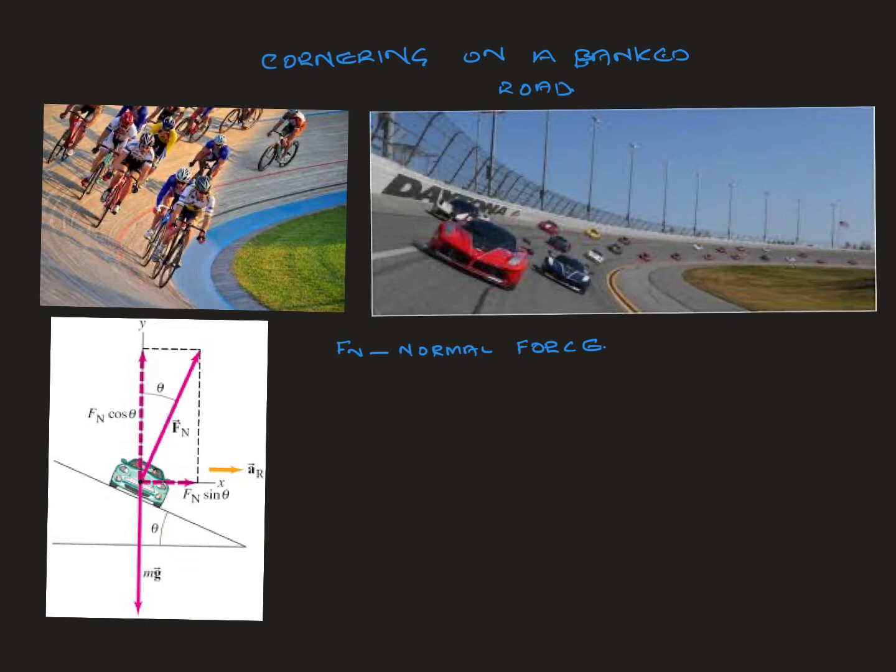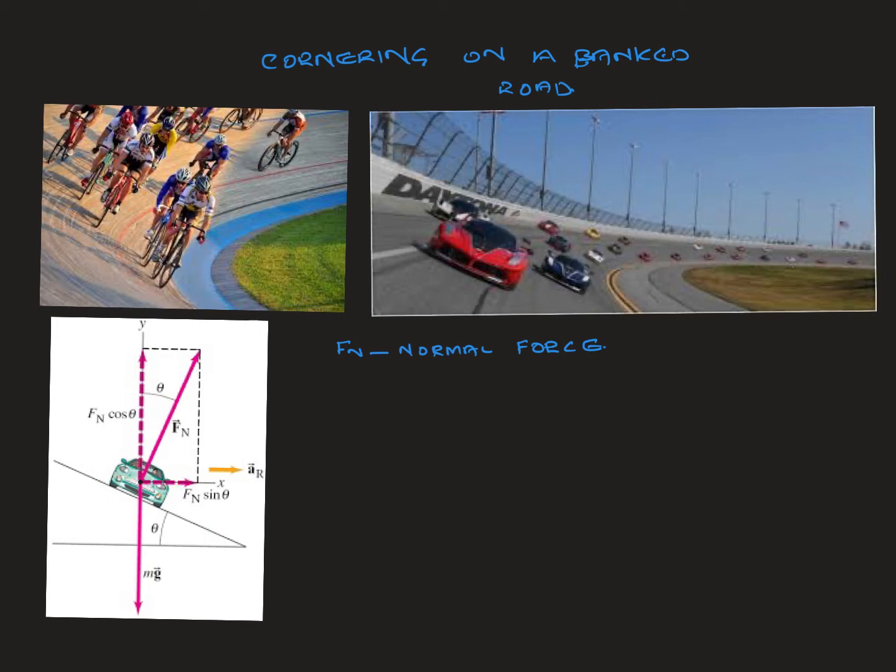So let's write the equations that we need to find out what the angle should be to achieve a certain speed. So we have a car here, and that's going on a banked road. So this is like the one here, or a track here. The weight is downward, and the reaction force or the normal force is always perpendicular to the plane where the object is.